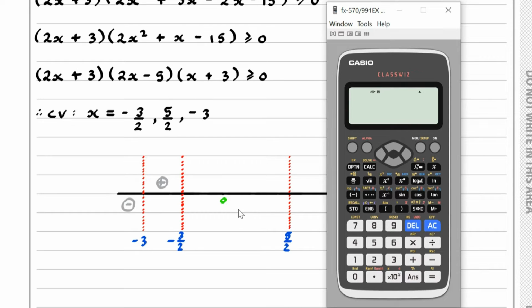That, of course, will be negative. And let's test something greater than 5 over 2, such as 3. Well, we've got 2 times 3 plus 3, 2 times 3 subtract 5 multiplied by 3 plus 3, which is 54.